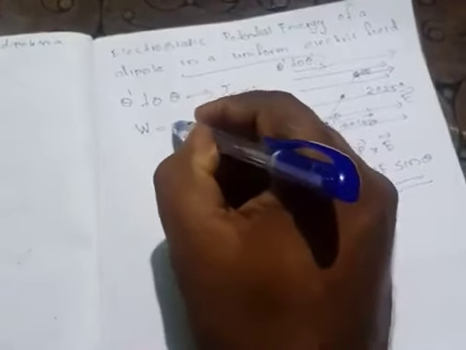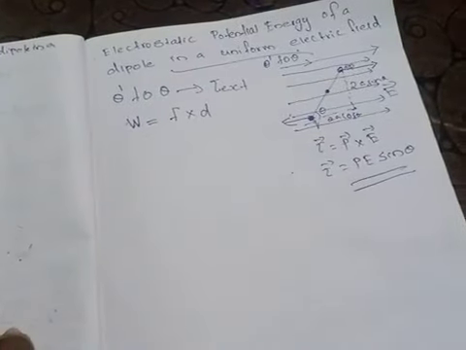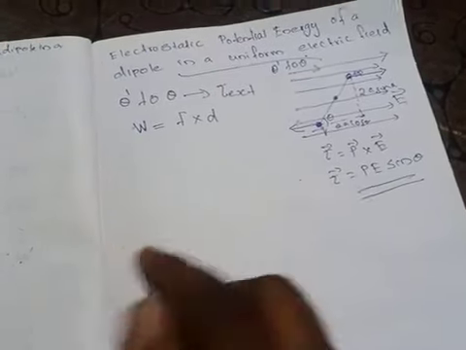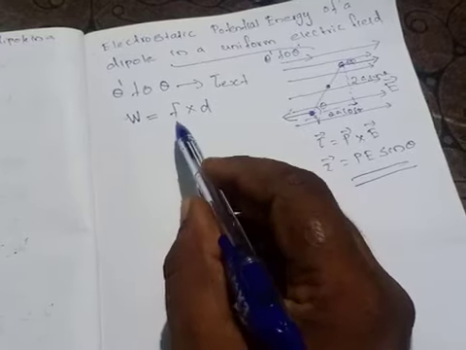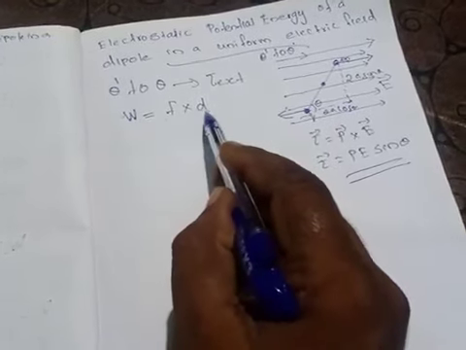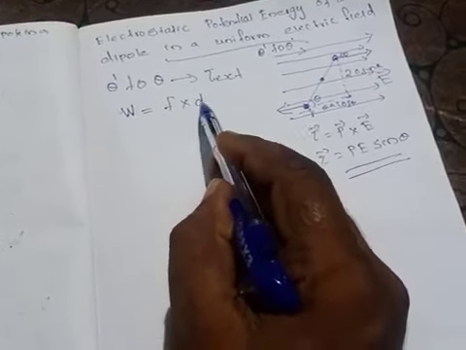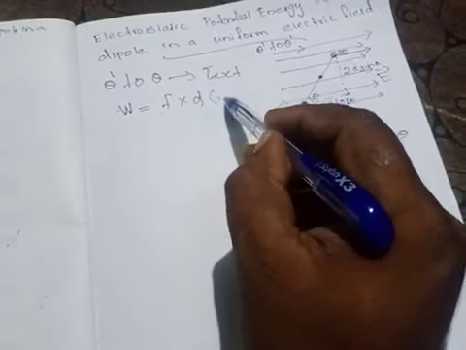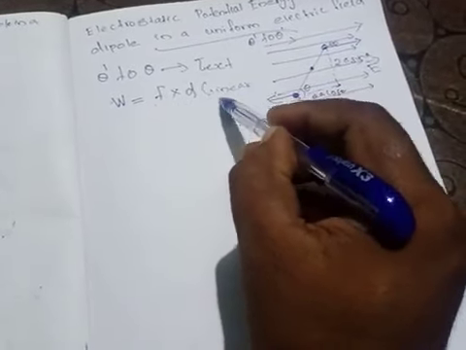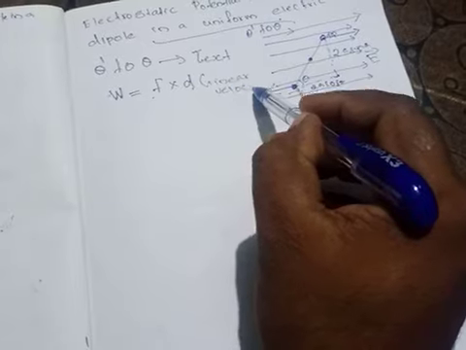So we know the basic formula W is equal to F into D. This force and this distance formula we use for linear motion, when one object is moving in a straight line.